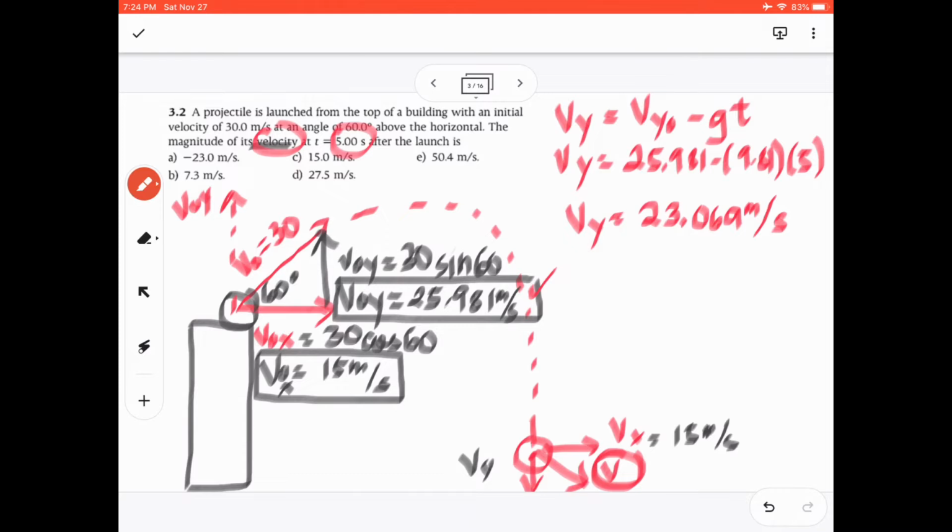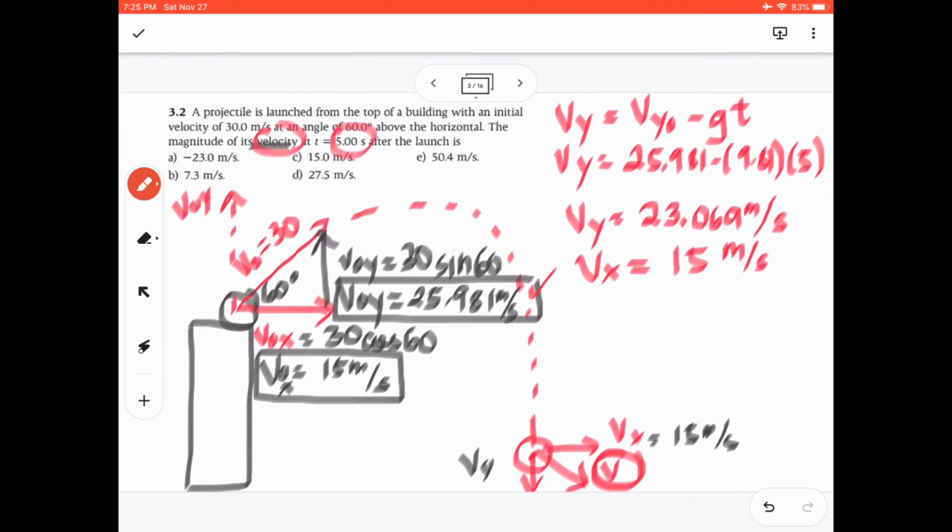Vox will be equal all throughout, but Voy might change depending upon the situation. Alright, so we have Vy now as 23.069, and Vx, because it's equal to the initial velocity along the x-axis, is also equal to 15 meters per second.